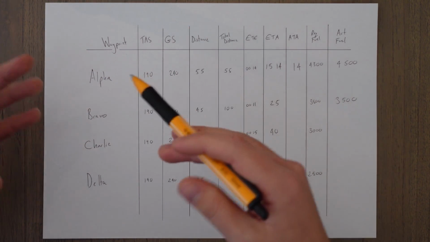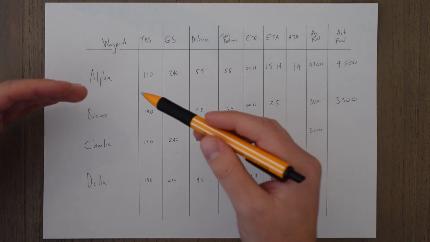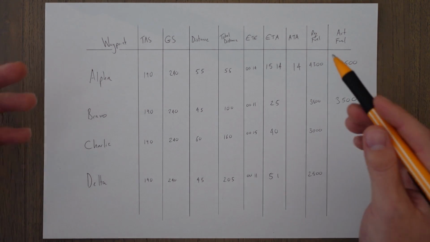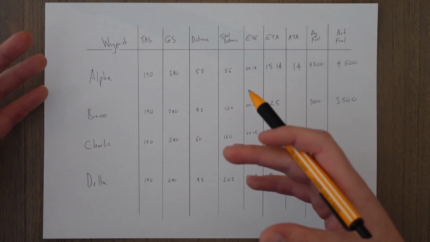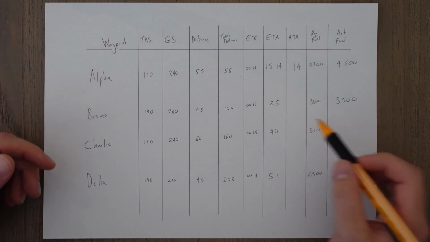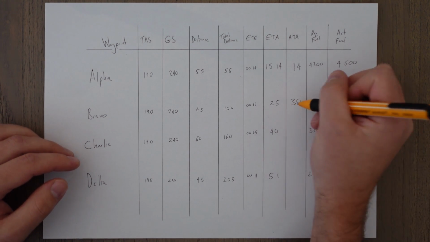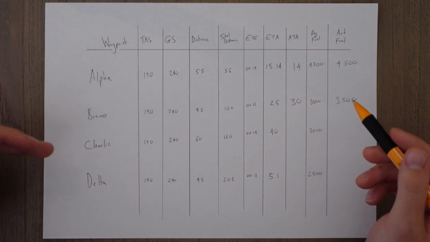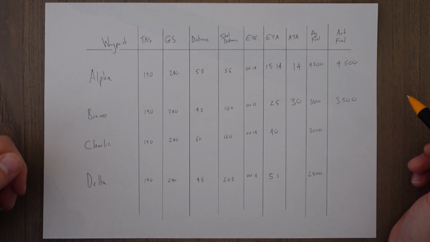Could be something like a longer routing by air traffic control. They might have had to deviate us off this flight plan and then rejoin it. Could be a fuel leak, could be a stronger headwind, indicated maybe by a late arrival at this next waypoint. Say we arrived here at 30, that would mean we're not going as fast, or maybe we've had to take this diversion that air traffic control have put us on.